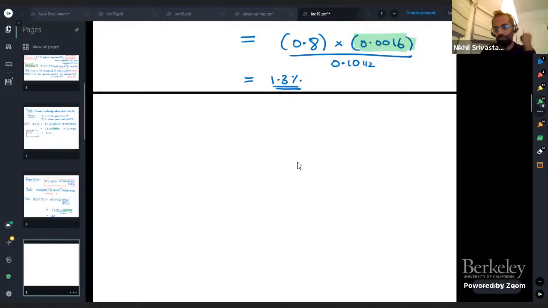Okay, so what do I want to do in this lecture? I want to say a bit more about independence. And then I want to introduce a new concept, which is the concept of a random variable.